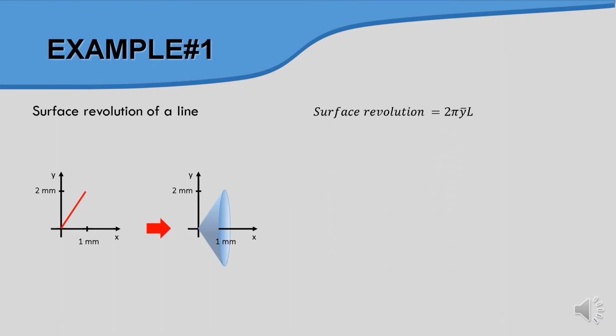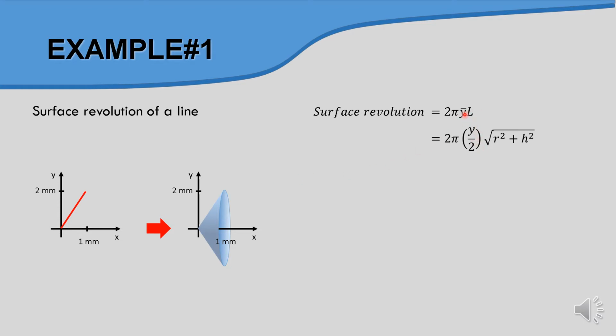By using the formula A is equal to 2 pi y bar times L, y bar is basically the centroid of the line, which is in the middle. So we have y divided by 2, and in this case y equals 2 divided by 2, which is 1. So the y bar is y over 2.